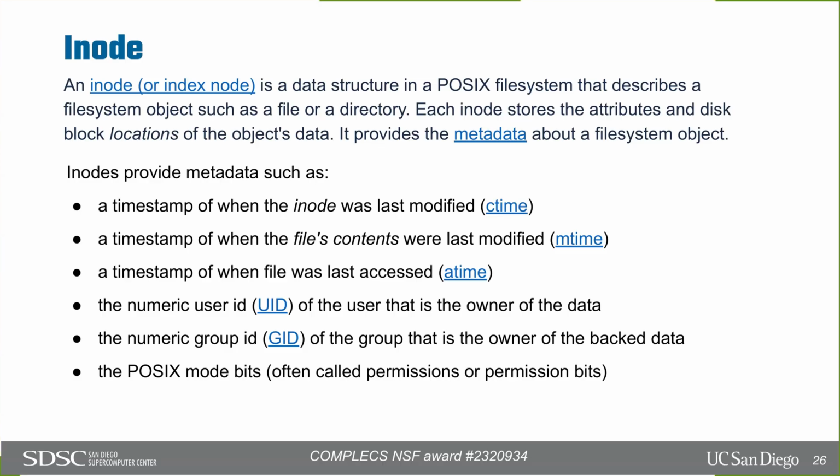Inode. So this is one of the most important concepts that I would say most beginning users don't understand and don't know about, but it's one of the most important parts of understanding the limitations of file systems.